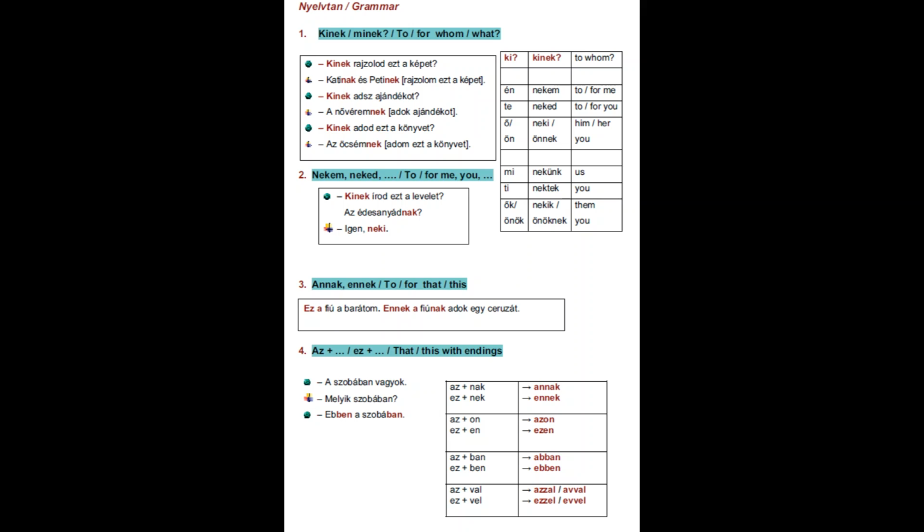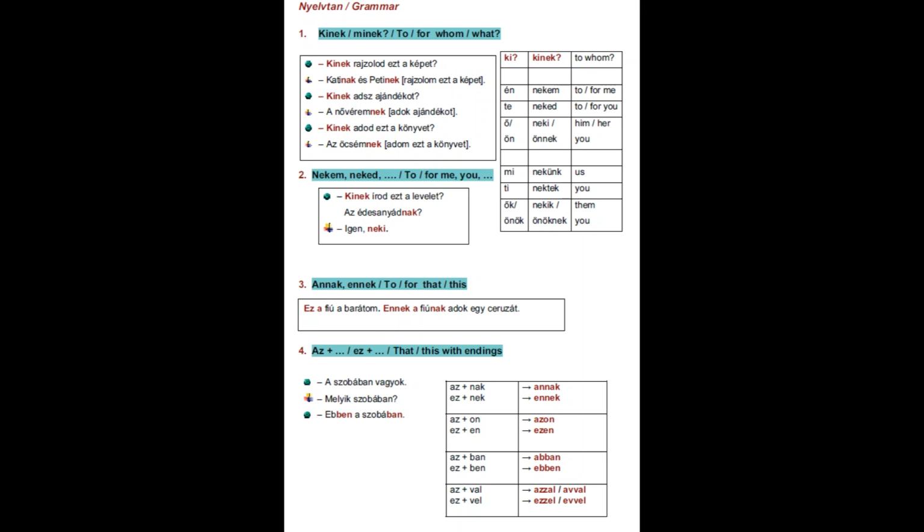A nővéremnek. So nővér is older sister. Nővérem, what does that M again say? That it's my older sister. Nővérem is my older sister.